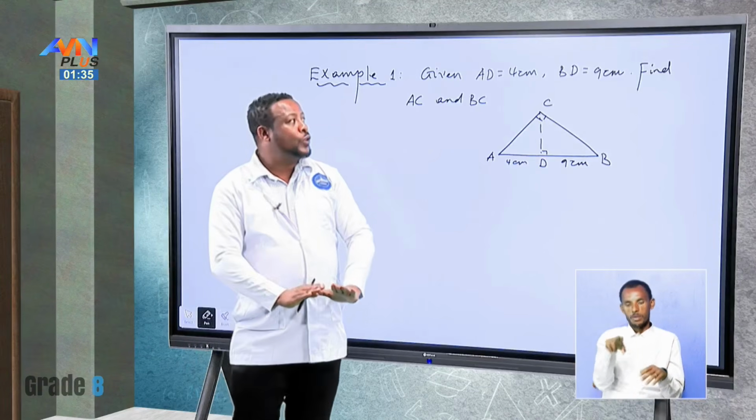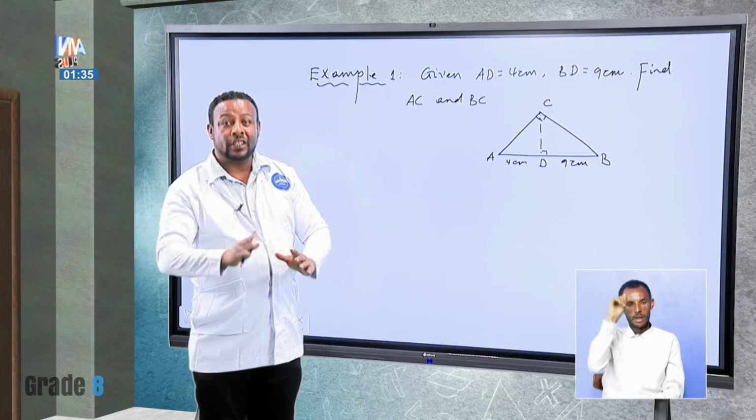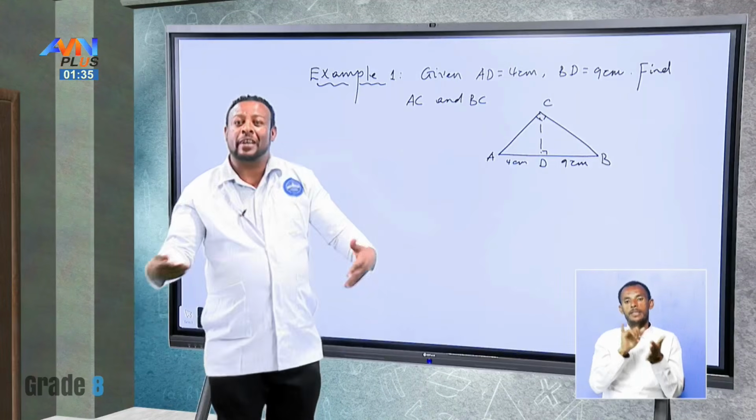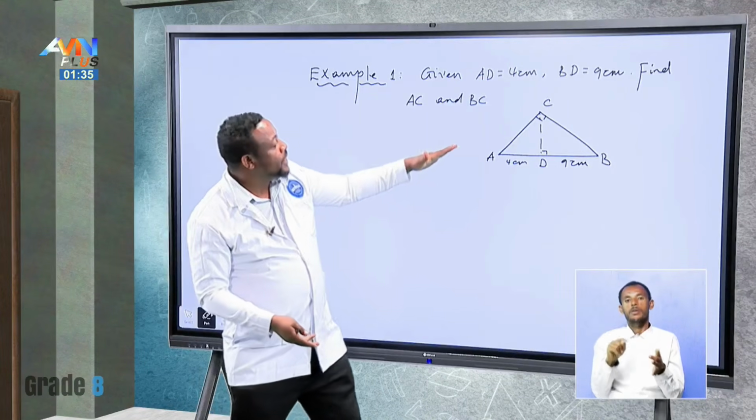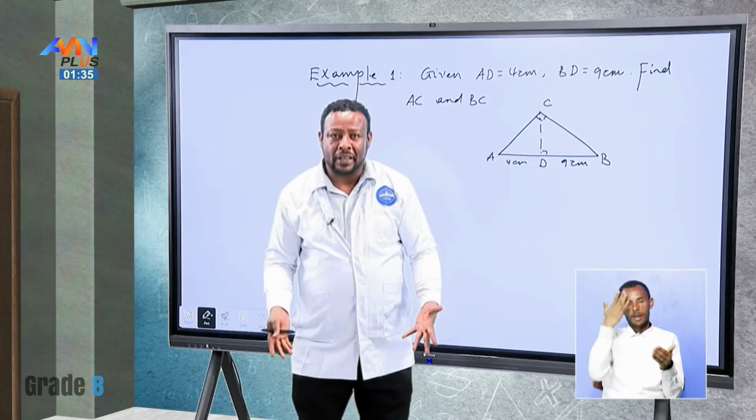So if you know the formula that Euclid's theorem is saying, you can easily find the unknown variables AC and BC, right?